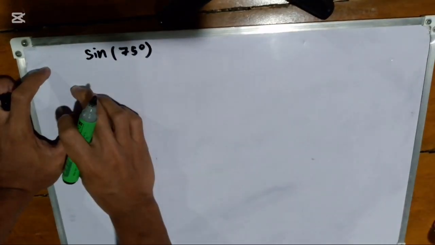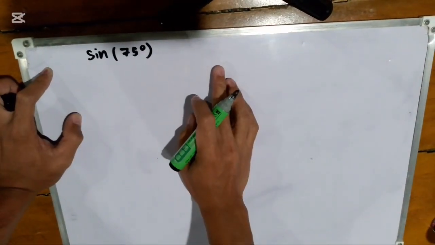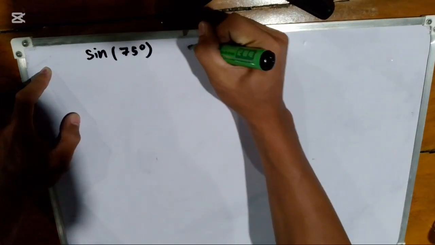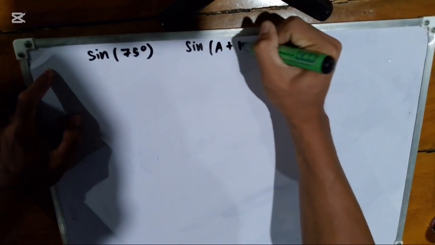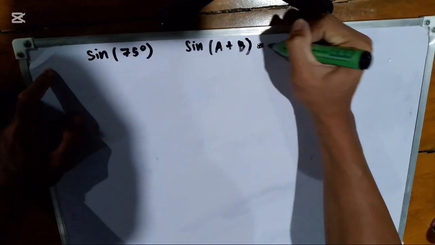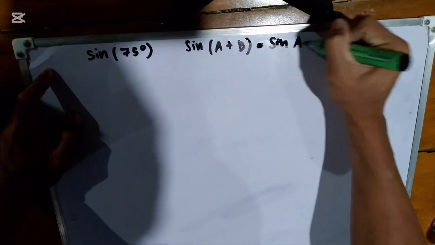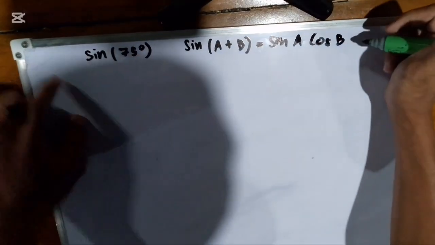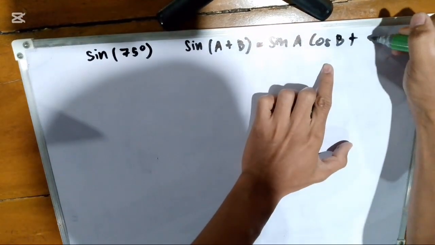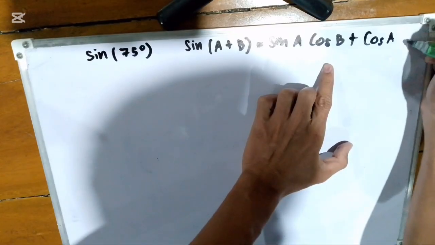The formula of the sum identity is this: sine (A plus B) equals sine A cosine B plus cos A sine B.